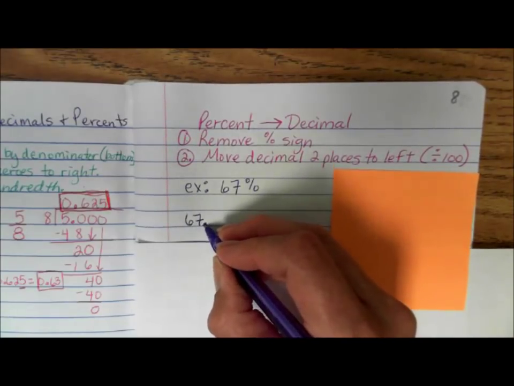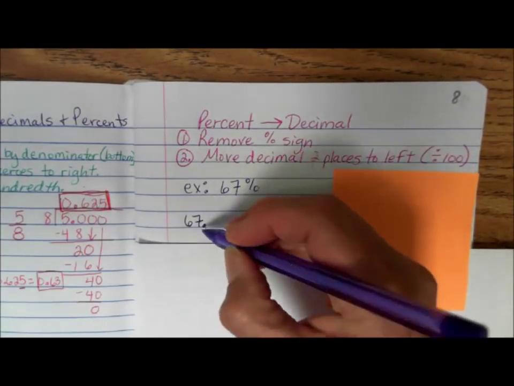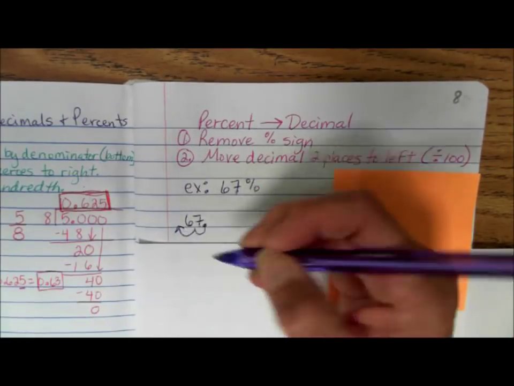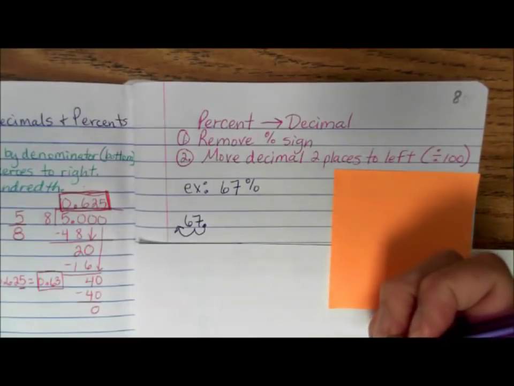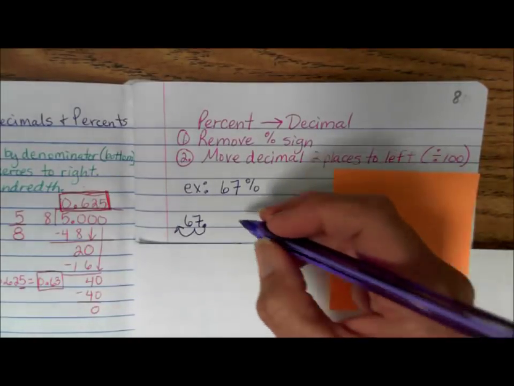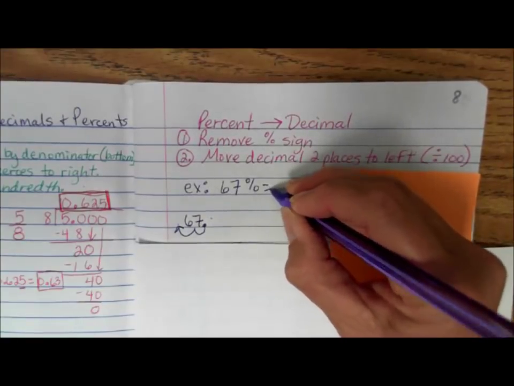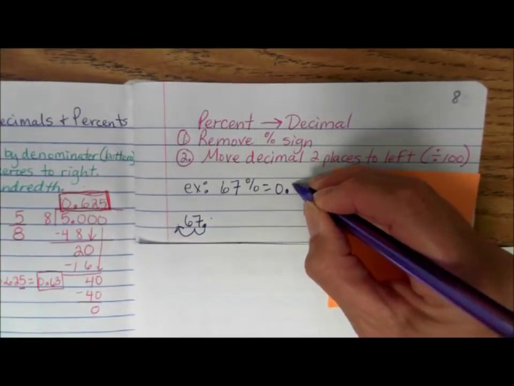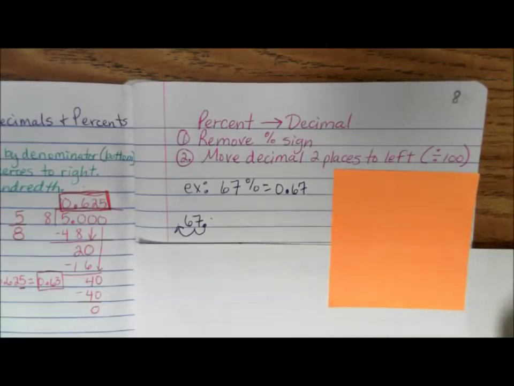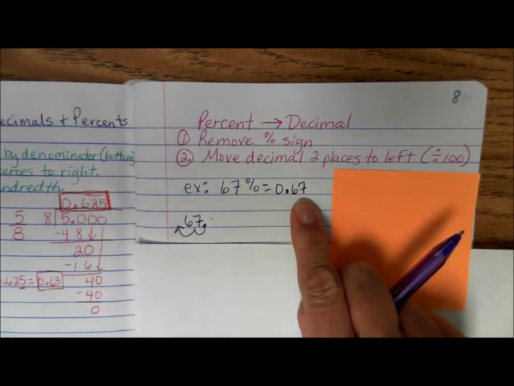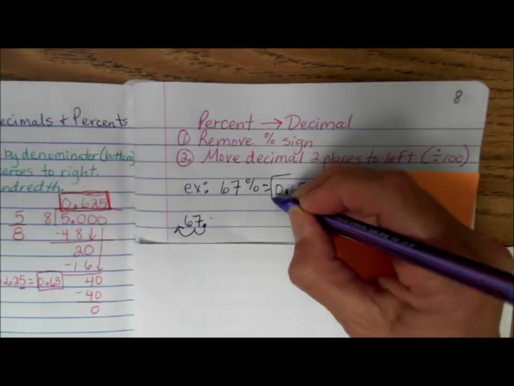And then we're going to move that decimal 2 places to the left. So we're really just dividing by 100 because percent's out of what? Out of 100. Okay. So our decimal goes there. So 67% is equivalent to 67 hundredths. I'm going to box our answer again.